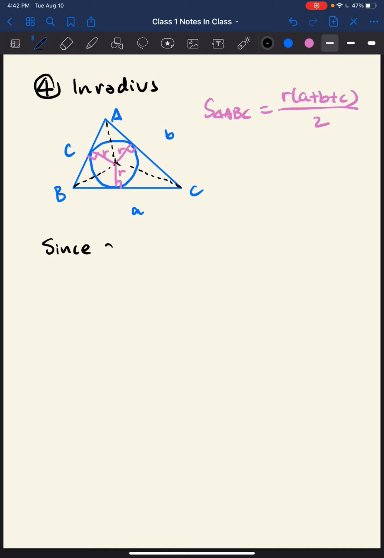Since circle O, this point is O, is tangent to AB, AC, and BC, these angles are 90 degrees. This is the definition of tangent.